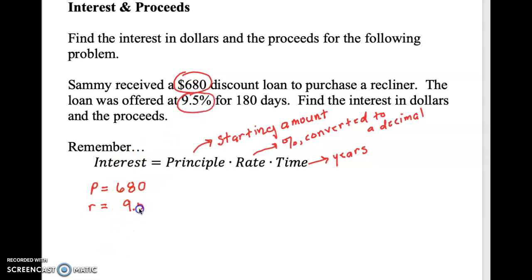But we're not going to use 9.5 when we plug it into our equation. In order to convert 9.5% into a decimal, you move the decimal place 2 places to the left. So we go 1, 2, put a new decimal and fill in any gaps with zeros. So 9.5% is really 0.095.